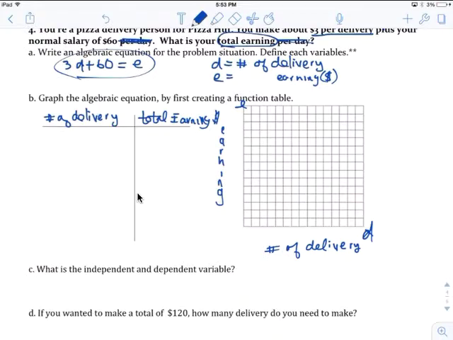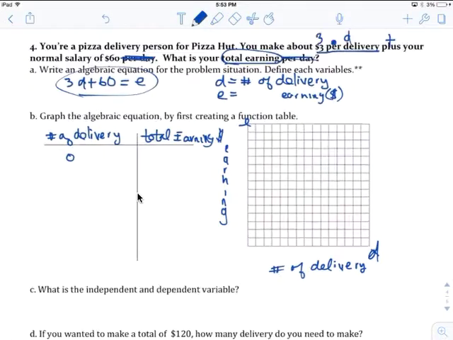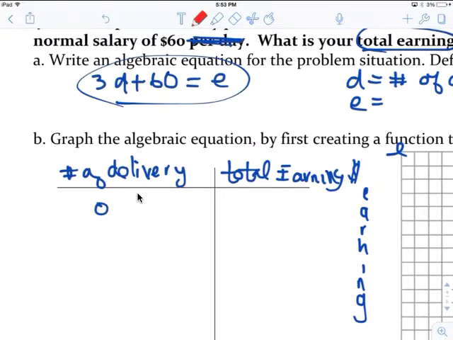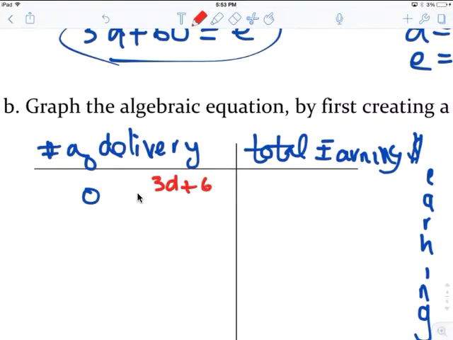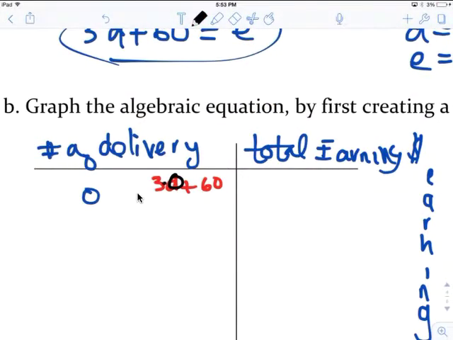Let's say you made 0 deliveries. How much are you going to make? $60, because with 3D, no one called for pizza to deliver, so you stayed there to help. Plus 60, 0 deliveries is still $60.